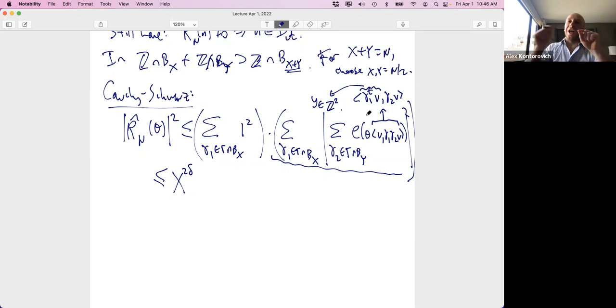Each element is of size x. If we're talking about just the L infinity norm, that's what I meant. It's just linear, we haven't done anything to it. So this is also of size x.